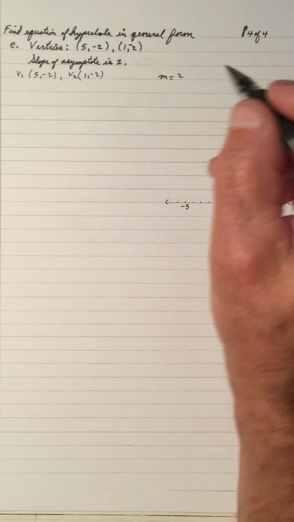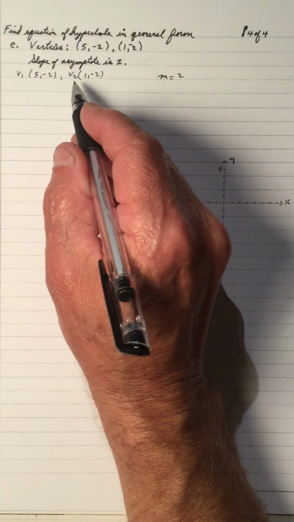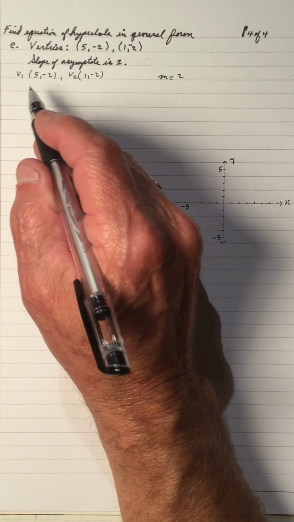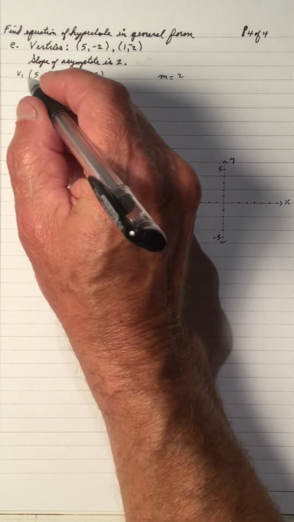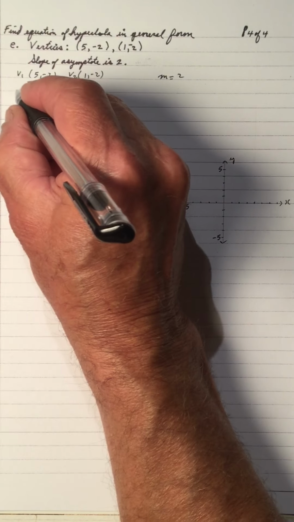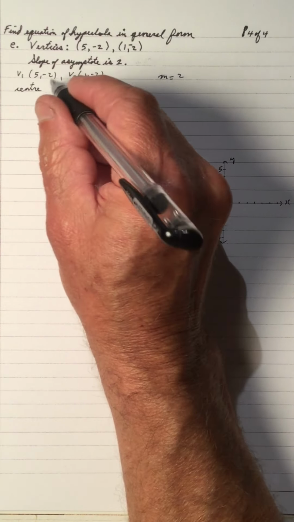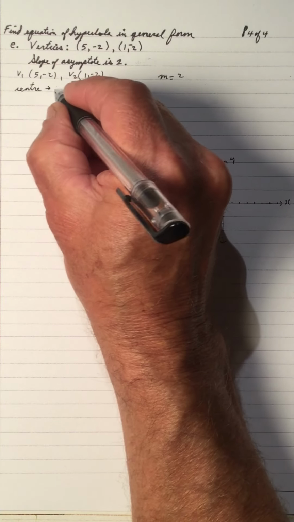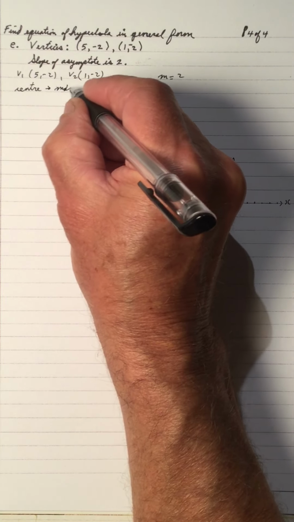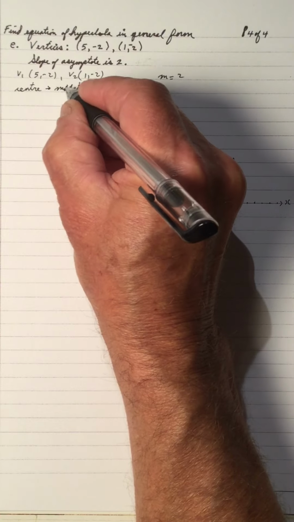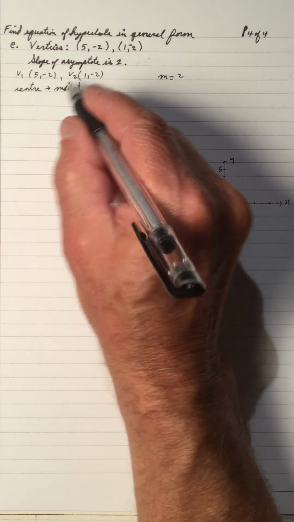So if we have two vertices, the vertices lie on the transverse axis. So let's get the center. The center is the midpoint of these two vertices.